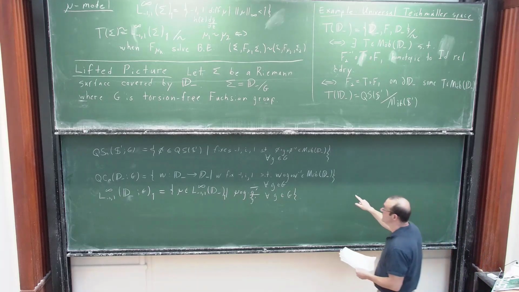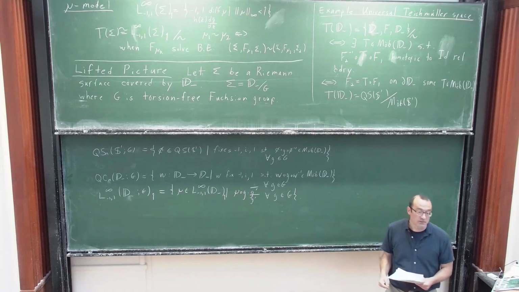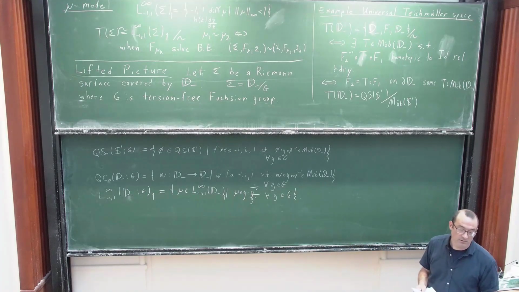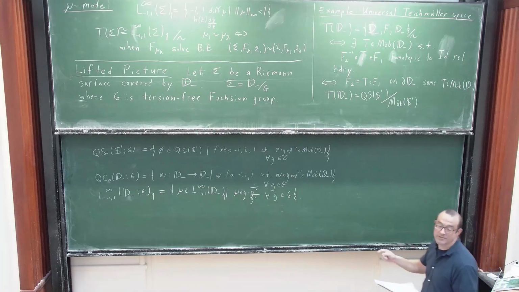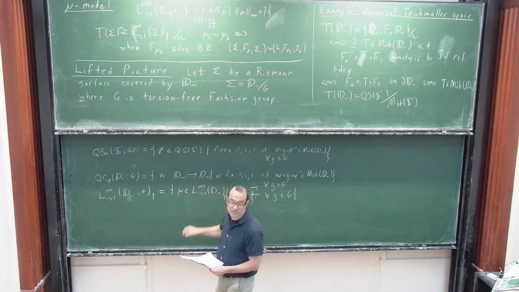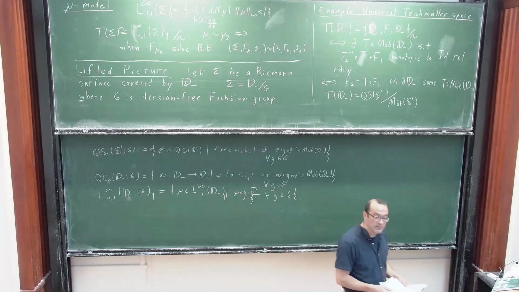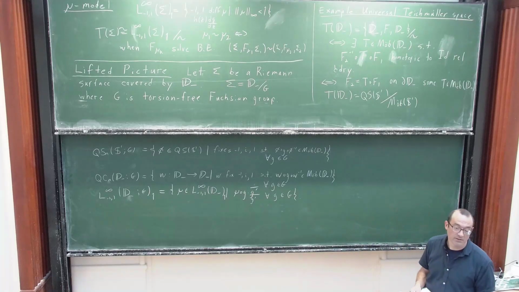I haven't shown the equivalence of these two things. You're requiring that the extension fixes these points. Oh, I see what you mean. Yes. This means that the extension fixes those points. But it should be needed for any extension if you start from the thing that fixes the points. That's right.